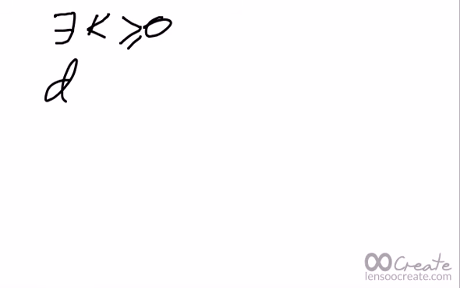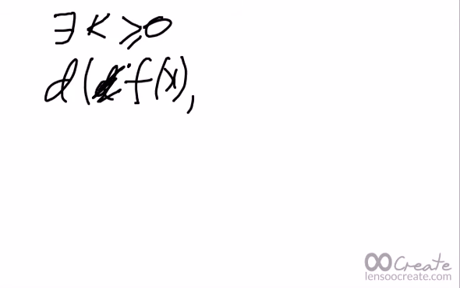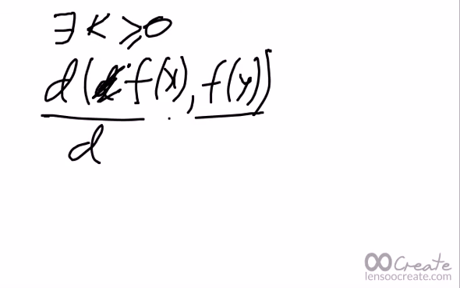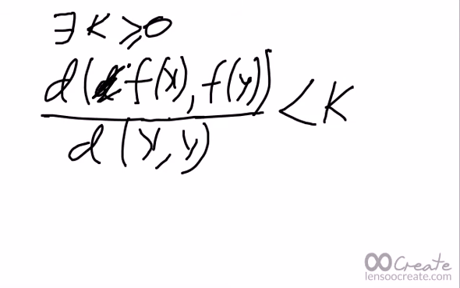There exists some k greater than or equal to 0 such that the slope, distance of f(x), f(y) divided by the distance of x, y, is less than k. That is, the slope never blows up to infinity.